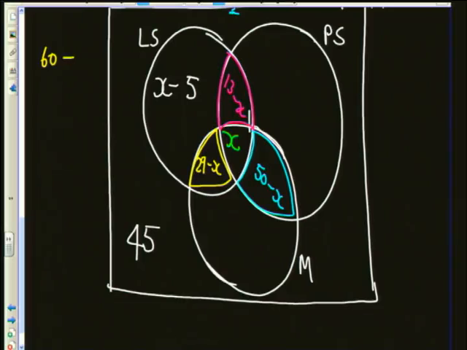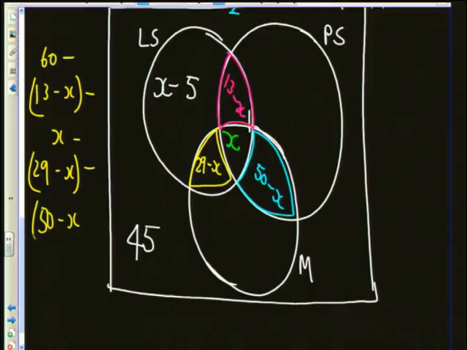So 60 minus 13 minus X minus X minus 29 minus X minus 50 minus X. Okay, so we've got, again, the plus X. Sorry, this is just the physical science, so the physical science doesn't include the 29 minus X. I was already adding that in unnecessarily.